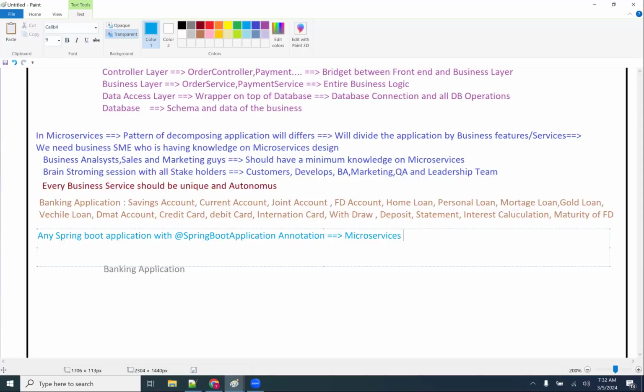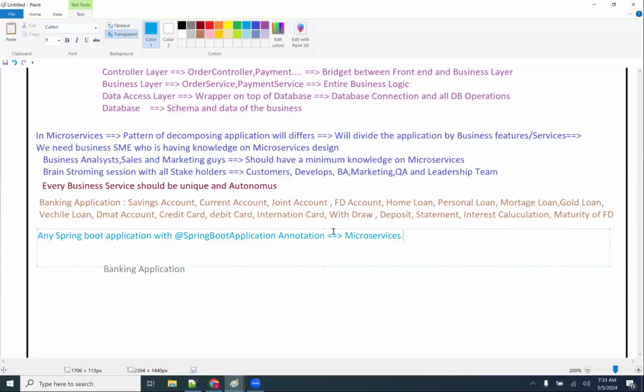I cannot have one microservice with two Spring Boot applications. That's the point I want to stress. A microservice cannot be part of two @SpringBootApplications.